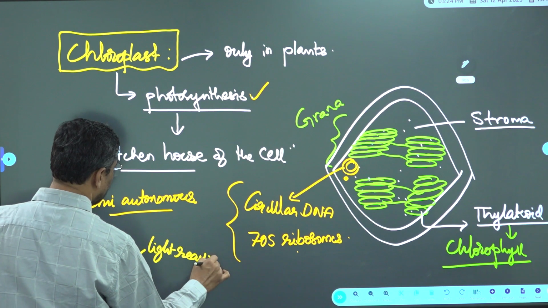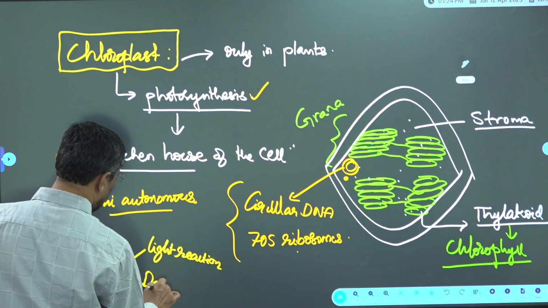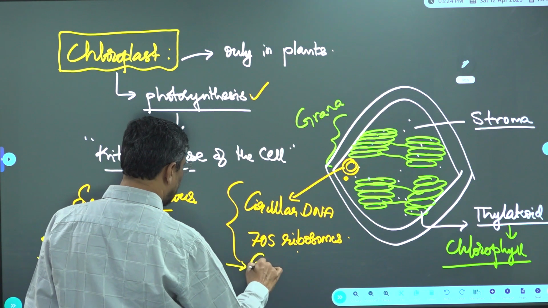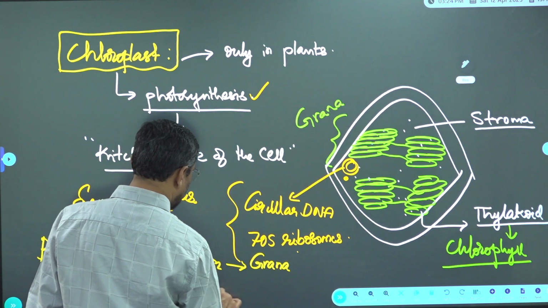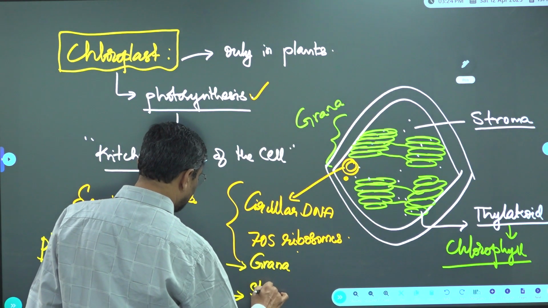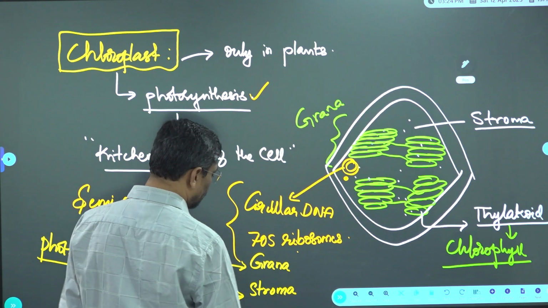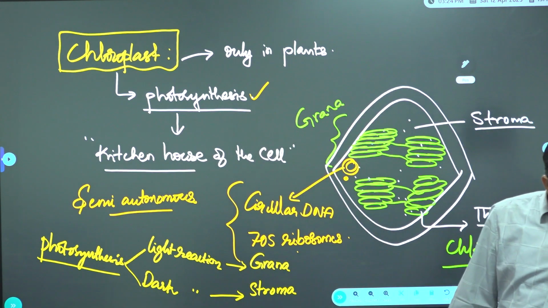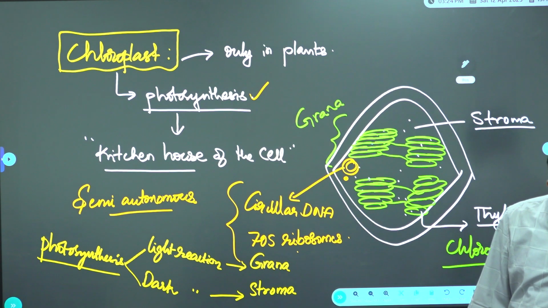Light reaction takes place in the grana, and dark reaction takes place in the stroma.